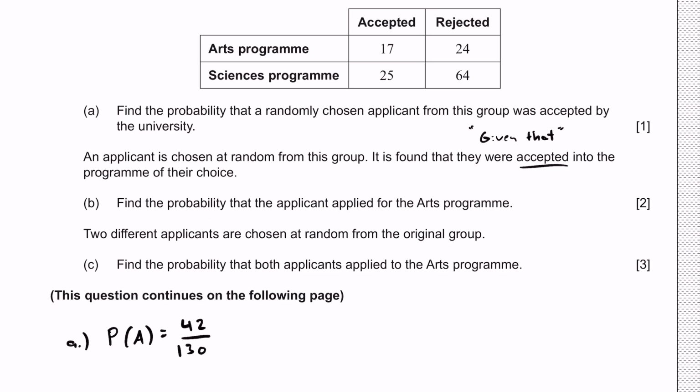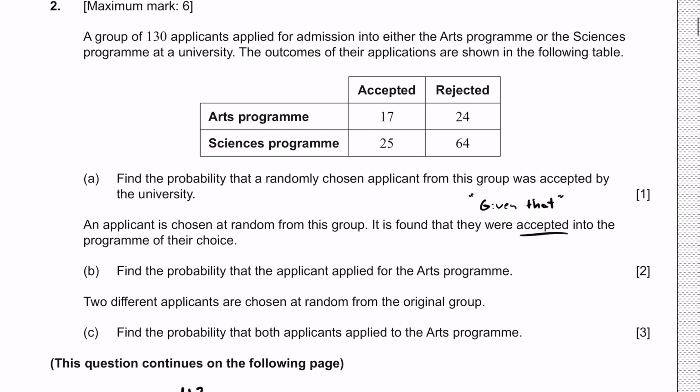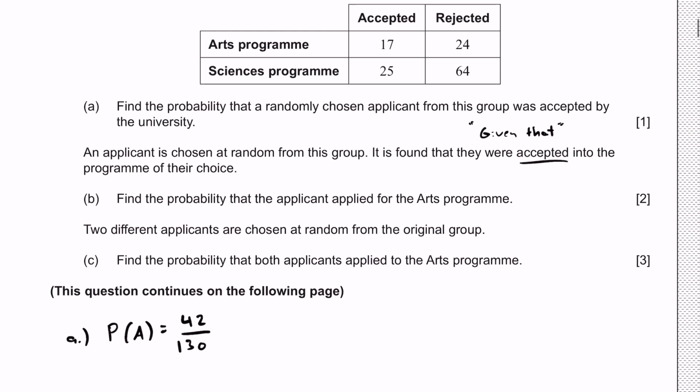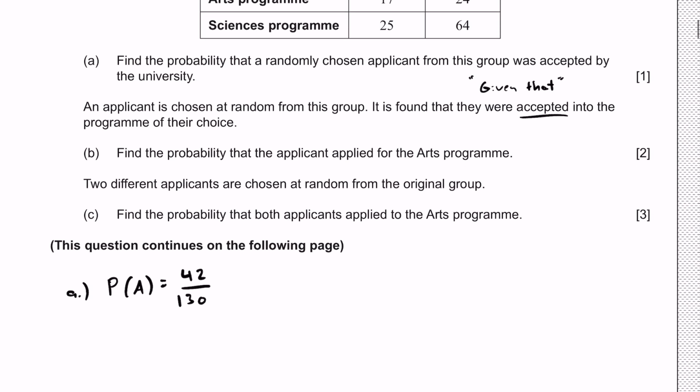So in this case, we're not dealing with the entire group of 130, we're dealing with the subset. Essentially, given that someone was accepted, find the probability that they applied for the arts program, which makes it a little more challenging, but to be honest, I think it's almost like a close reading kind of question.